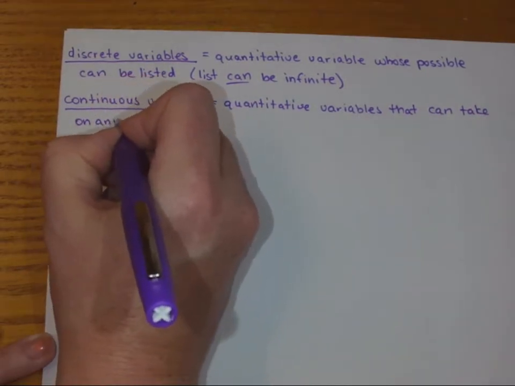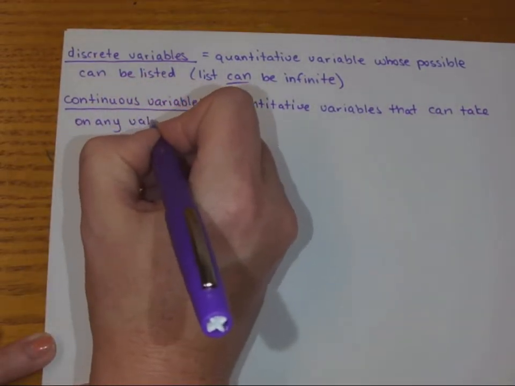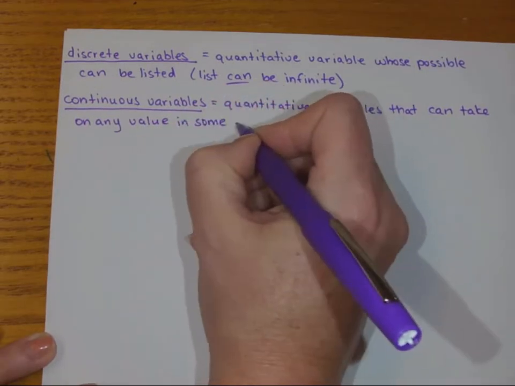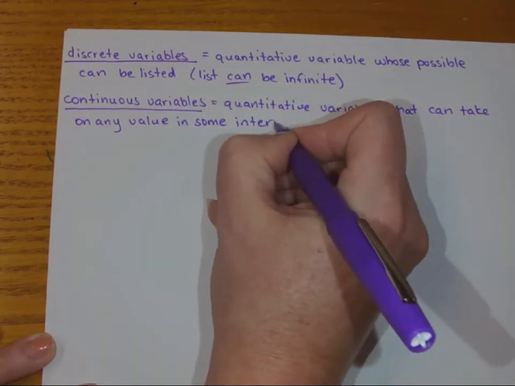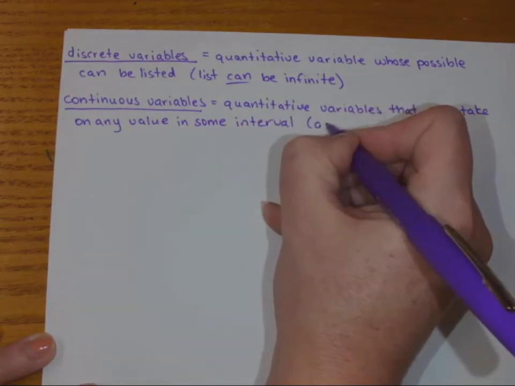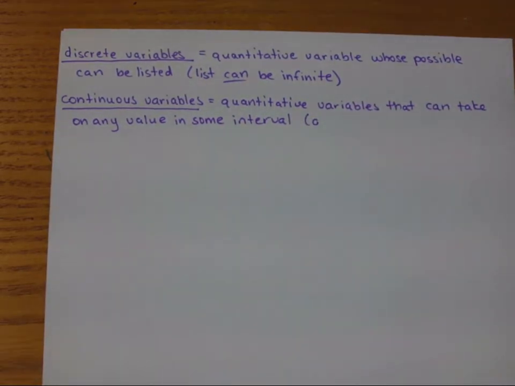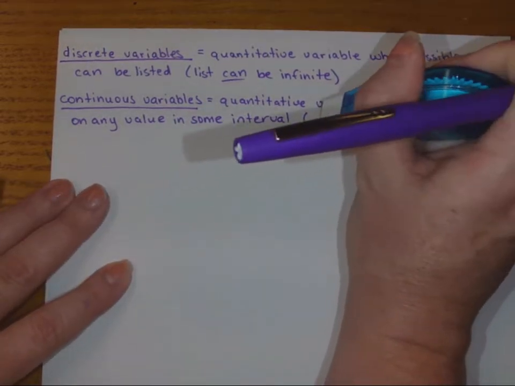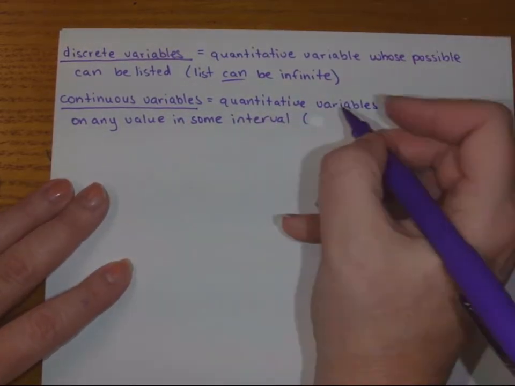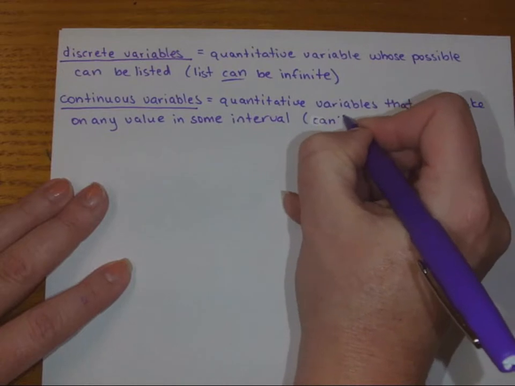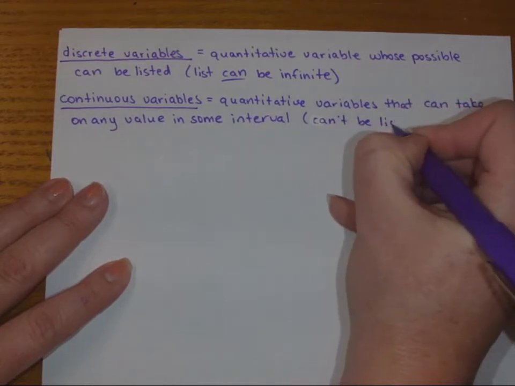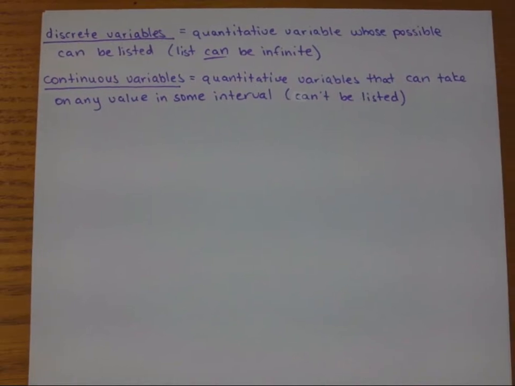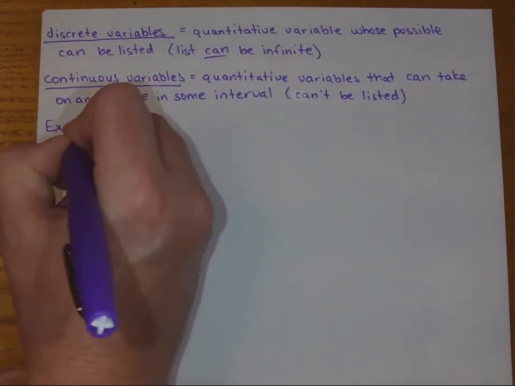In other words, you wouldn't be able to get any sort of pattern going because you could always come up with something that wouldn't kind of fit the pattern. So a good way to think of this is variables that are continuous cannot be listed. Okay, so this one is a little bit tougher to see sometimes.